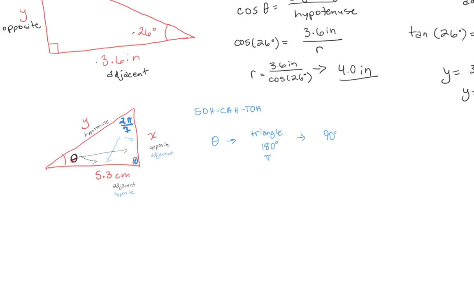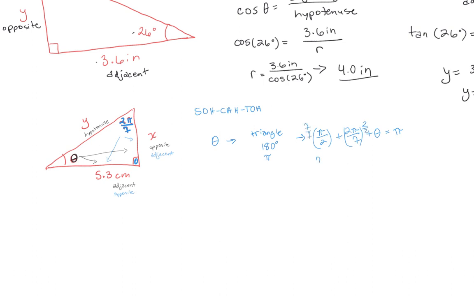We know that our right angle is 90 degrees or pi over 2. Then we know this other angle is 2 pi over 7, and our theta, and all should add up to pi, right? So let's make these have common denominators.